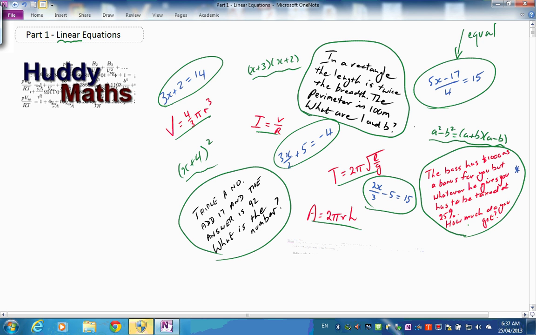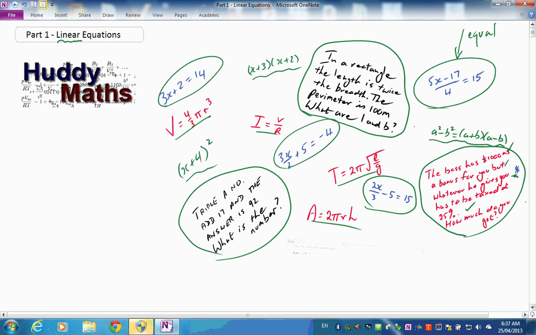Here's one down here. This one, I've got a little asterisk there, because this is an interesting sort of everyday practical problem. The boss has $1,000 total to spend on you. It's a bonus for you, but whatever he gives you has to be taxed at 25%, and he doesn't actually want to go over the $1,000, so you can't have all the $1,000.